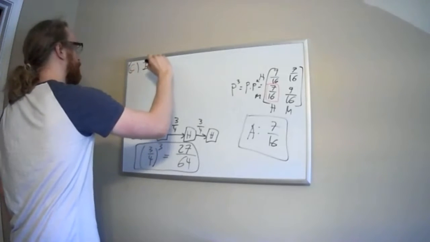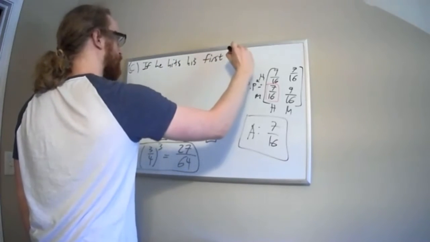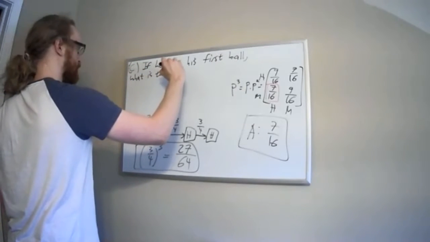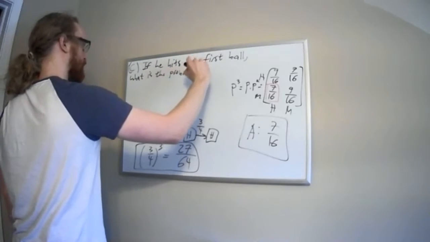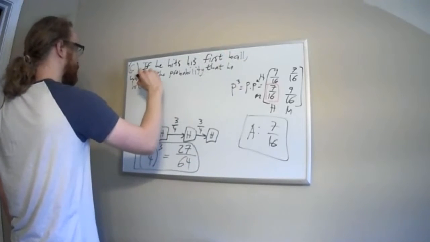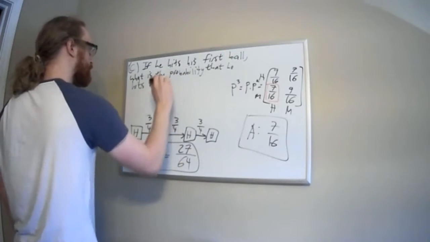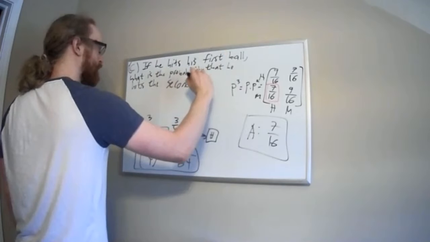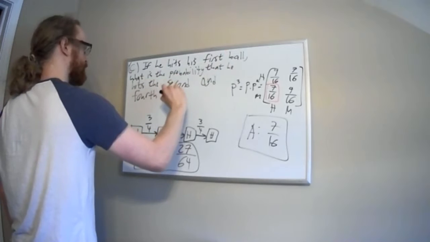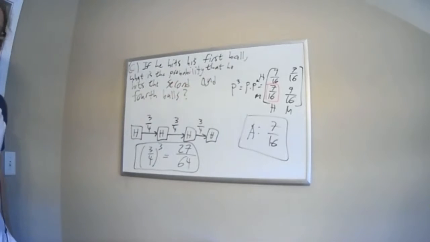If he hits his first ball, so he hits the very first ball, what is the probability that he hits the second and fourth balls if I know that he hit his first ball?